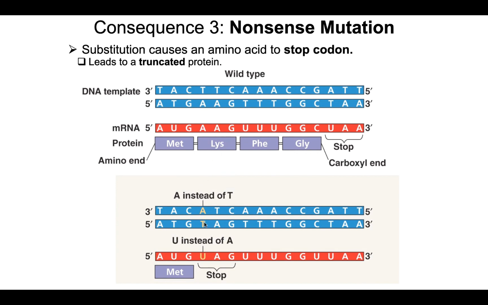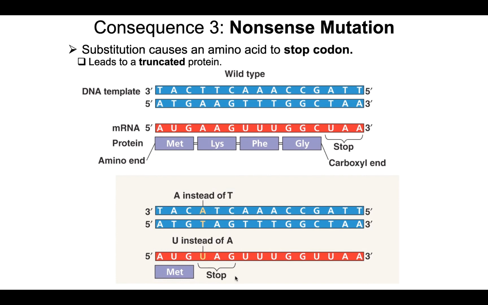Now, if a mutation occurs such that instead of having an A here, it's a T, so now TAG, which is going to give rise to a UAG within the messenger RNA, that is now a stop codon. So we used to have methionine, lysine, phenylalanine, and glycine, but now it starts here, methionine, and then bang, stop.